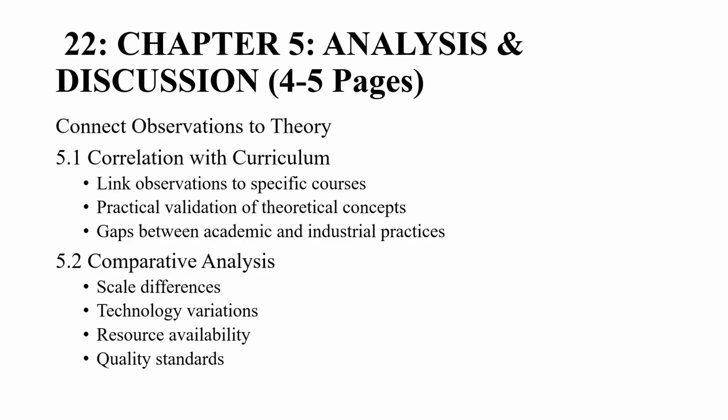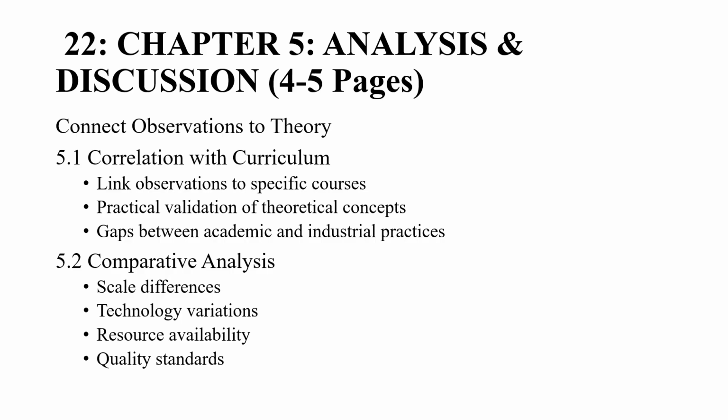Now let's look at chapter 5, which is analysis and discussion. Here what you are basically trying to do is connect the observation to theory. Whatever you have observed in the real world, how is that related to your vocational knowledge? So try to link the observations to your specific course. There should be practical validation of the theoretical concept, and don't forget to mention the gap between the academic and industrial practices.